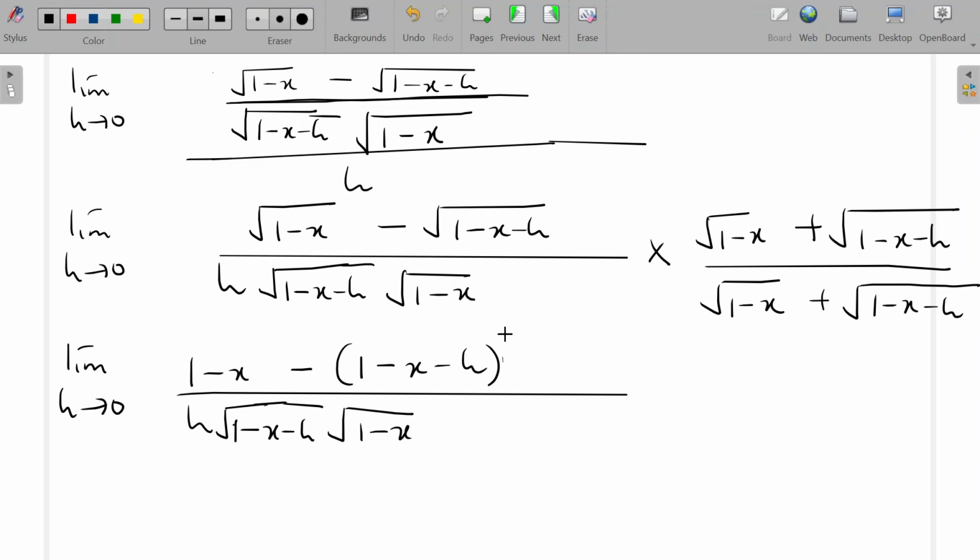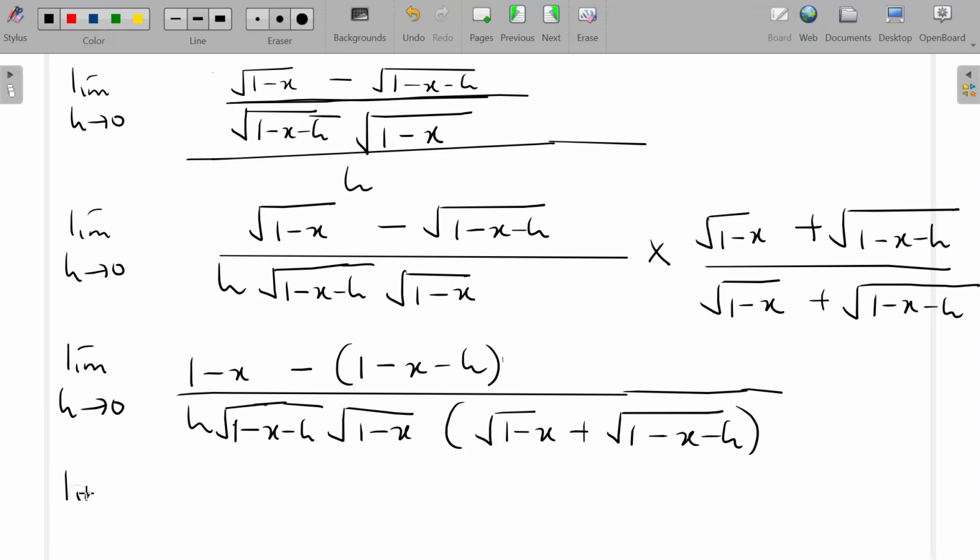Since this is 1, it's going to multiply with these, which are 2. So it's going to be the square root of 1 minus x plus the square root of 1 minus x minus h, like this. After I reach this point, I can still not replace.